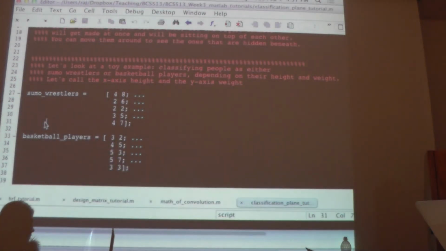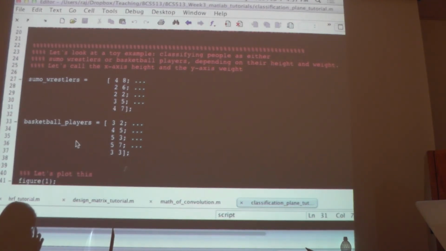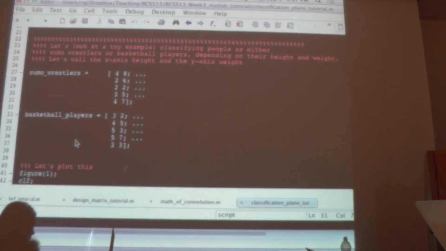I would encourage you also to play around with this on Thursday. So this is the innards of a simple linear classifier. This column here is height, this column here is weight, and these numbers are just what I showed in this plot.